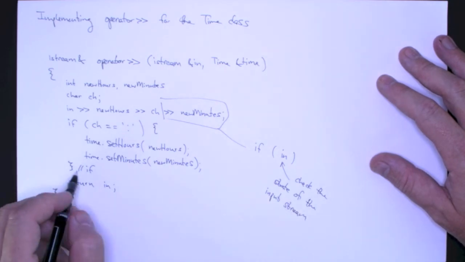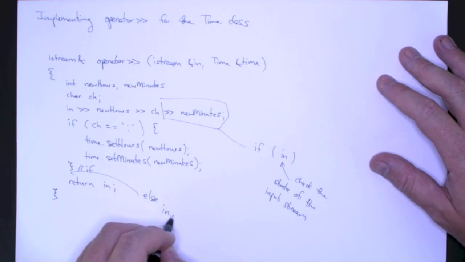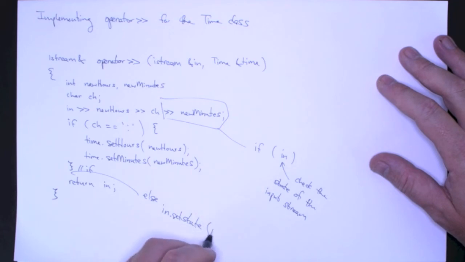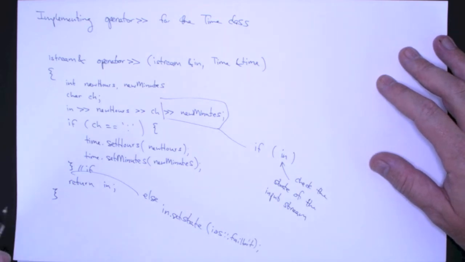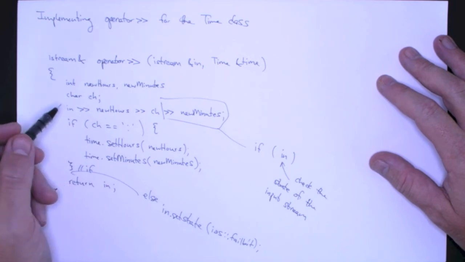If something goes wrong, another thing we could do is set the state on the input stream by setting the fail bit. So there's all kinds of error handling that we could do, and it can get quite complicated.